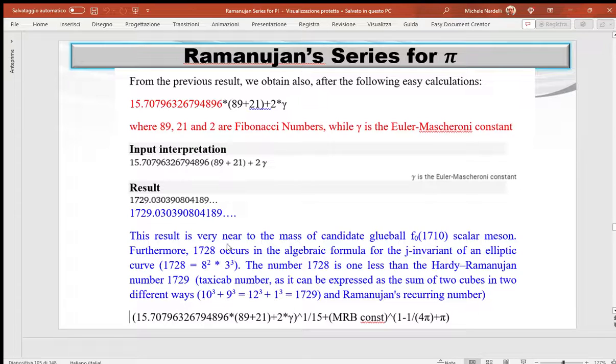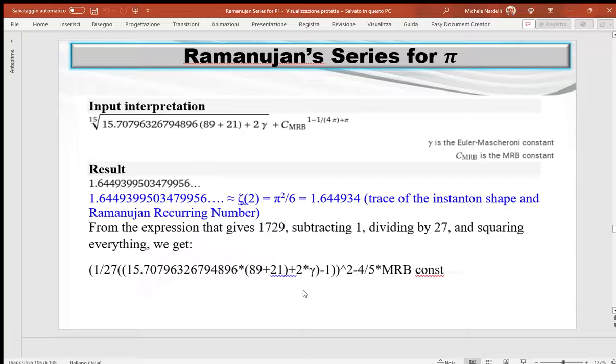From this expression we obtain also, performing the 15th root and adding the regularizer containing the Marvin-Ray-Barnes constant, the following value that is a good approximation to pi squared over 6, practically the value of zeta 2, that is a Ramanujan recurring number.